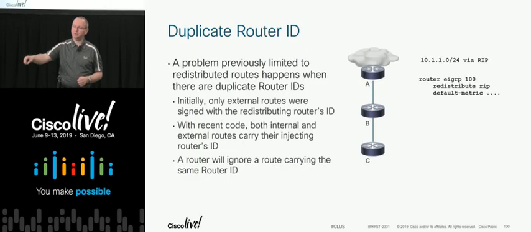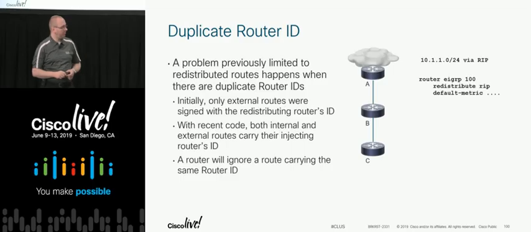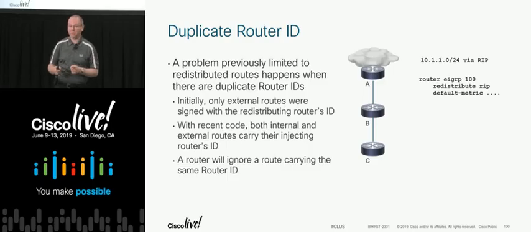Then you put the router into the network, let it come up, and deactivate or switch off the old one. You may have a problem in that the two routers will mutually ignore their routes, because they will see each other advertising the same router ID. And I'm not talking just about external networks, I'm talking about all networks.